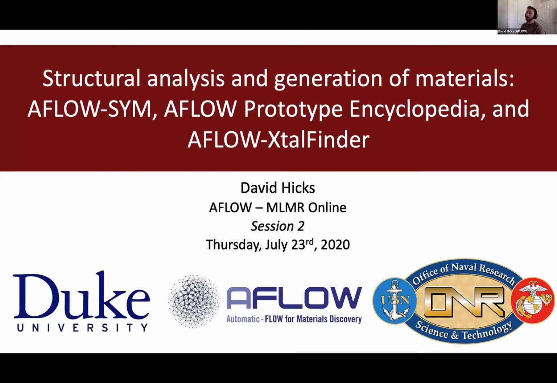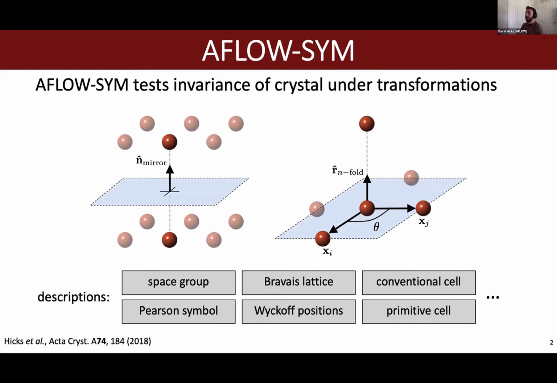Okay, so first, as I said, we're going to start with AFLOW-SYM. This is our Symmetry package that we've developed, and this module tests the invariance of a crystal under transformation. Typically we're given atom positions and lattice vectors, and we want to know the symmetry of these objects. So we want to find, for instance, the mirror planes of the crystal, the rotation axes, screw axes, or glide planes.